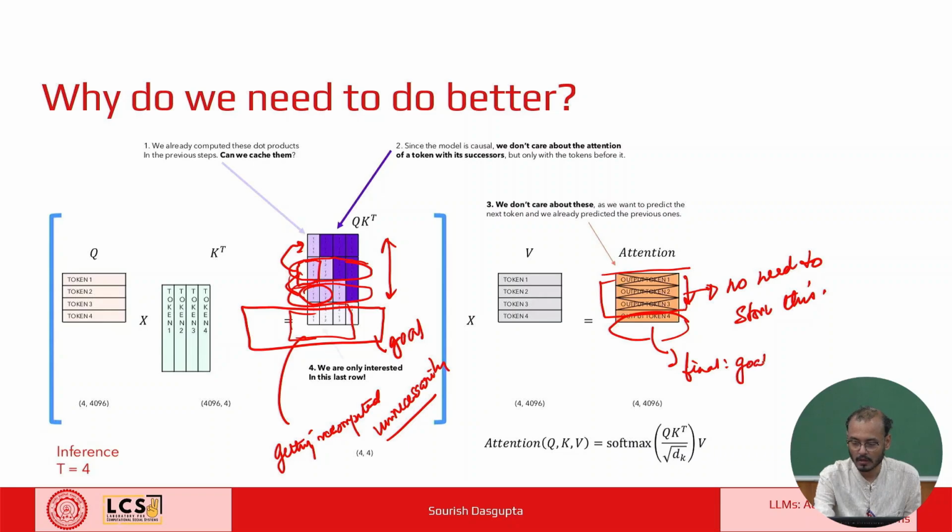That's the goal. That's what we are interested in as a language model, because that's the token that we want to predict at a particular time step, right? So that's what is mostly interesting.